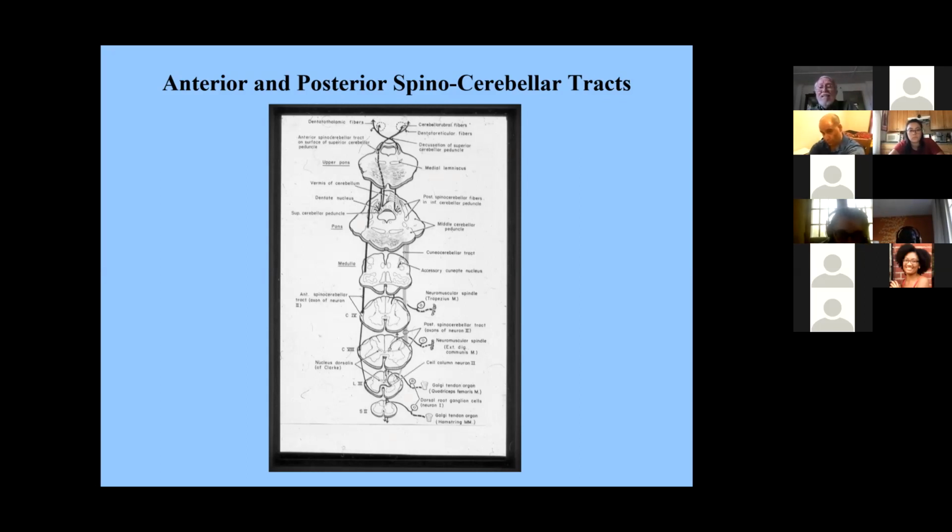So very often as you go through this course, you can look at all of these pathways and ask yourself a simple question: what would happen if there was damage or destruction here? What would this do? What would that do? What would the other thing do?